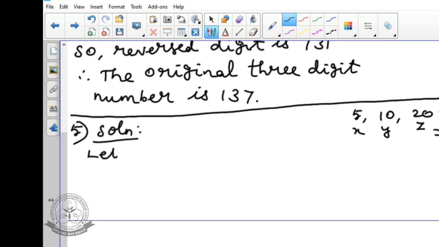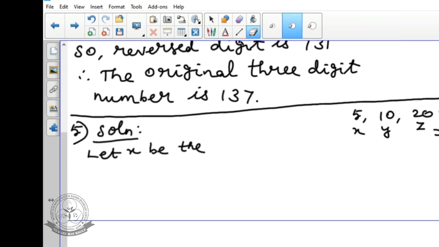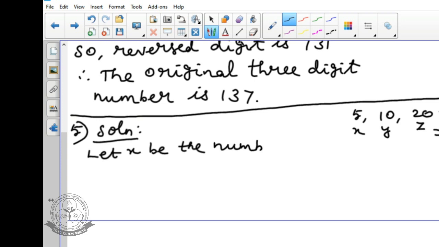Let x be the number of, first one they have given what? 5 rupee currencies.